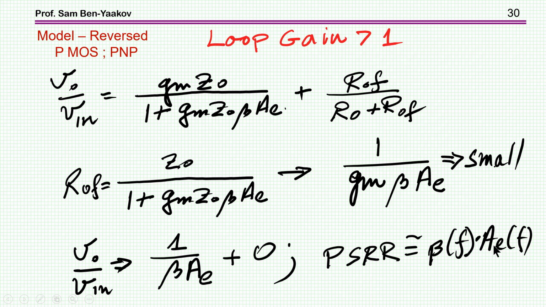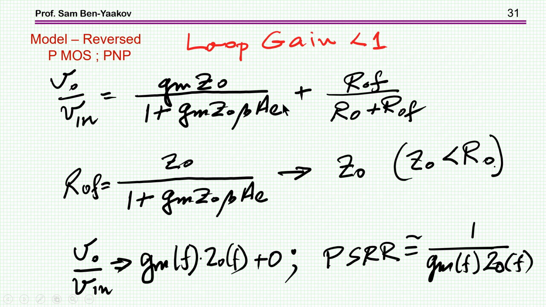So with the large gain, or large bandwidth here, we can get very good power supply rejection ratio throughout this path, while the path through the R out of the transistor is actually very small.